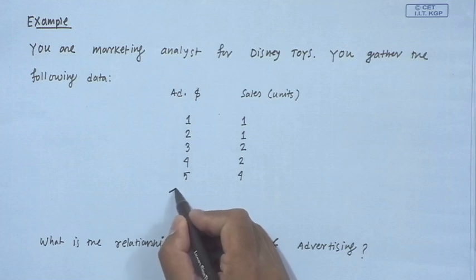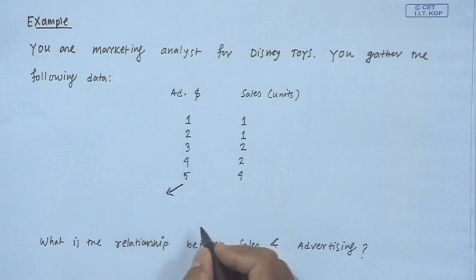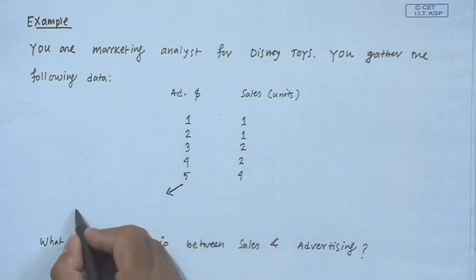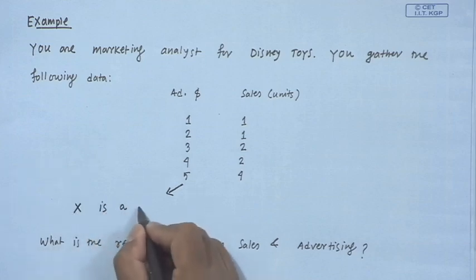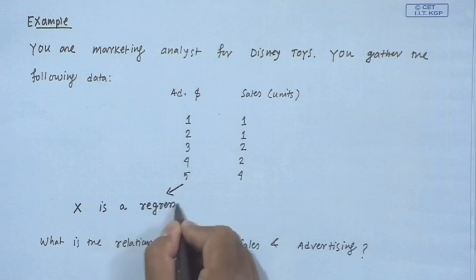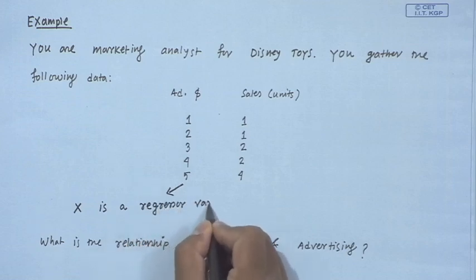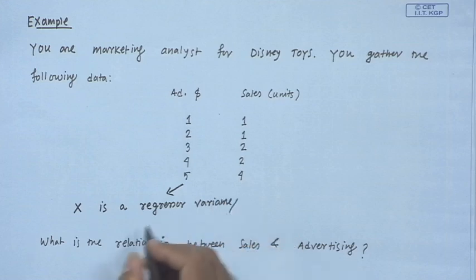Usually the variable which is independent is denoted by x, and x is a regressor variable, or also we call it independent variable.